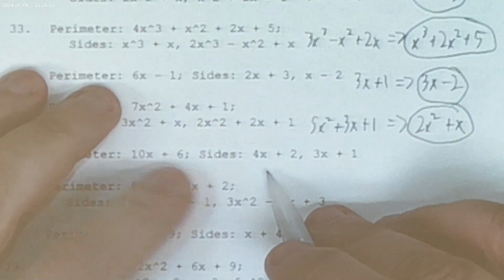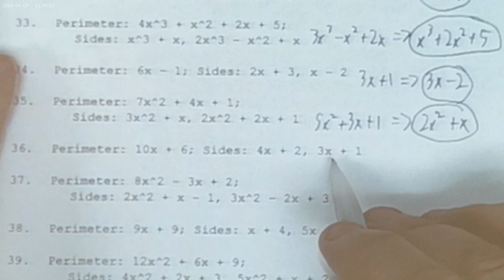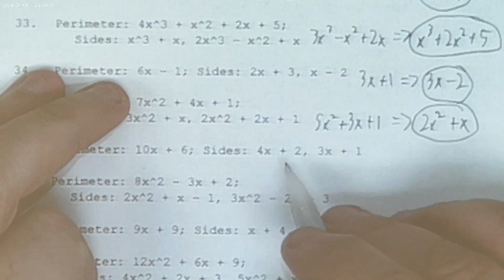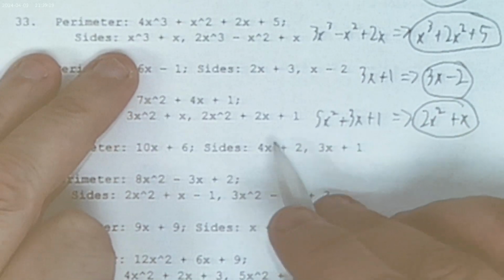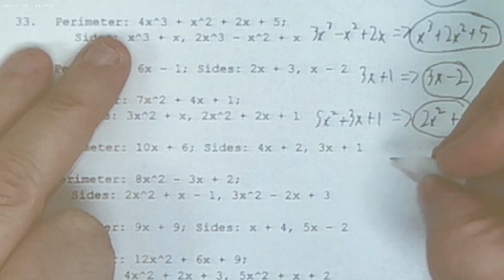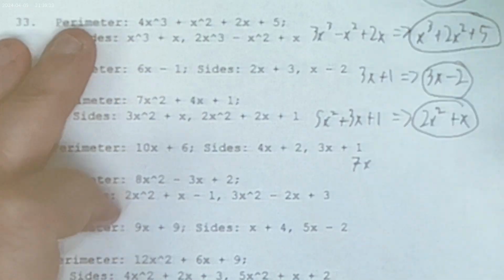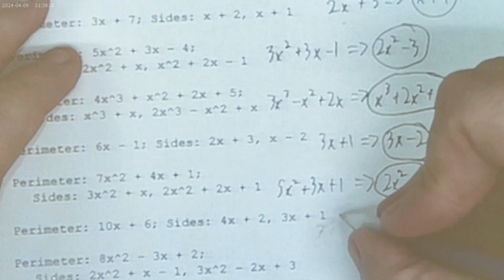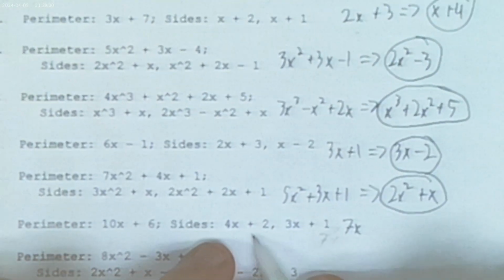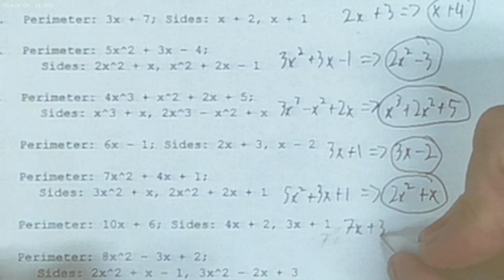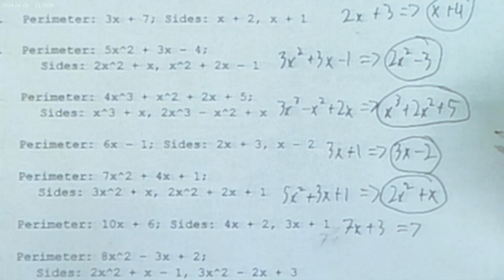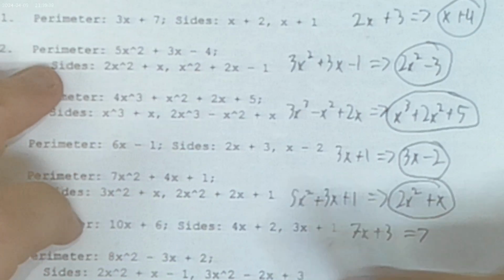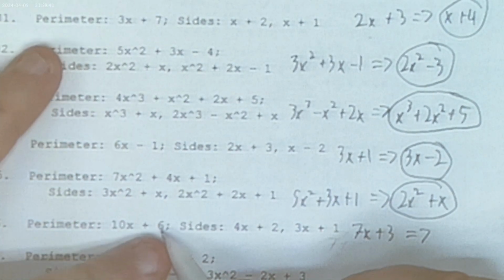Again, first thing we do, we have the perimeter, and we're going to add up the sides. So 4x plus 2 plus 3x plus 1. 4x plus 3x is going to be 7x, and then 2 plus 1 is going to be 3. So I got 7x plus 3, and the perimeter of 10x plus 6.